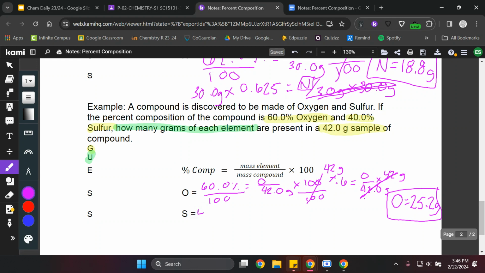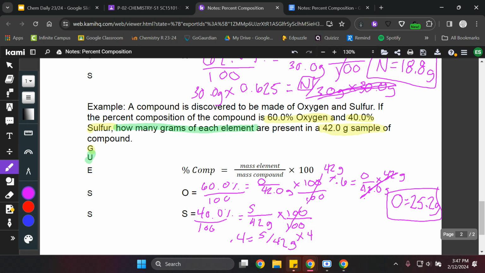Sulfur, we're going to do the same thing. 40.0% equals sulfur. We do not know the mass of sulfur, divided by 42 grams times 100. Divide both sides by 100 to start, just to get rid of that percentage and get rid of that 100. So 0.4 is equal to sulfur divided by 42 grams.